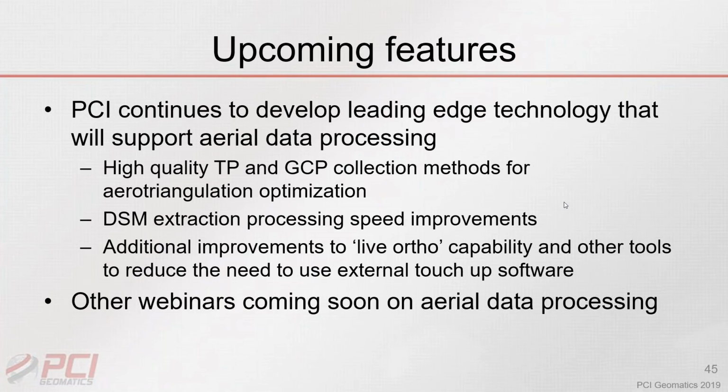It helps with DSM extraction, quality, the processing speed of our DSMs. You'll notice that the one-to-one SGM DSMs is something that's pretty unique to PCI. It's definitely challenging because it's very compute intensive, but we've optimized our code to make it possible to extract one-to-one DSMs from this type of data.